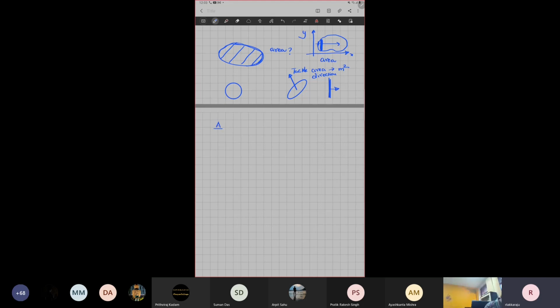It has a functional form, maybe x square y i plus yz sine x j plus maybe z square log z k. Maybe it depends on what kind of surface you are going to span in the three-dimensional x, y, z coordinates.